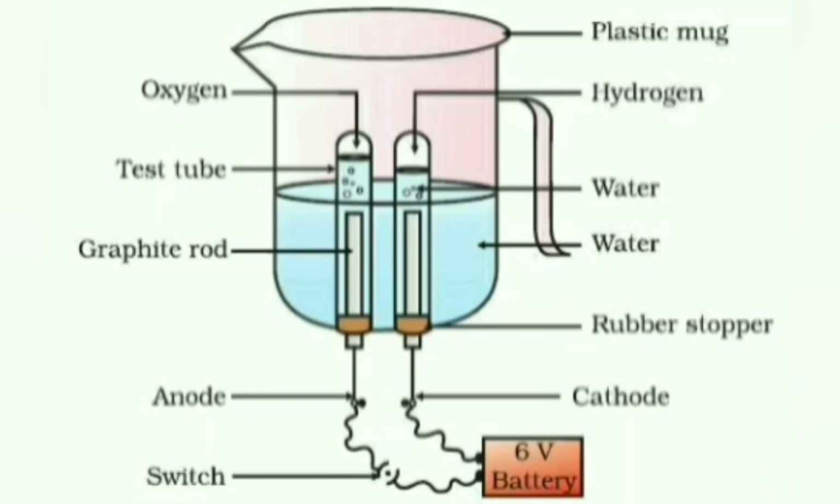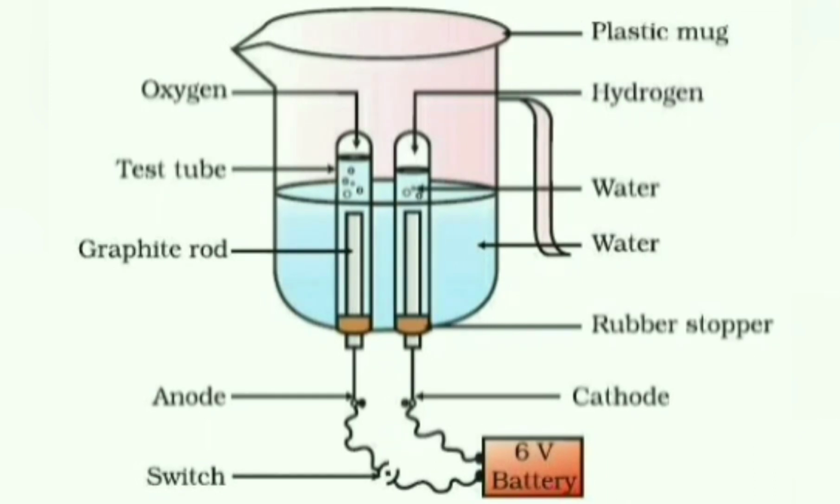After some time, we observe that bubbles start coming out of the water at the two electrodes. These bubbles are of oxygen and hydrogen. Oxygen gas gets collected over the anode and the hydrogen gas gets collected over the cathode.